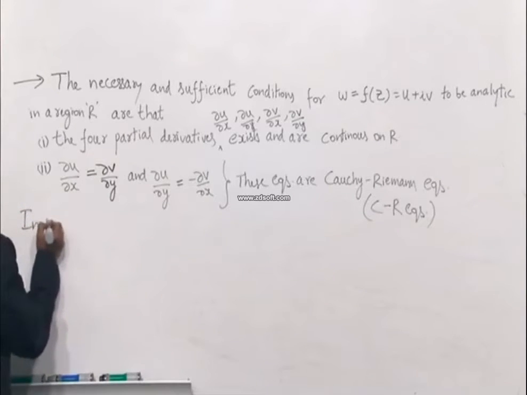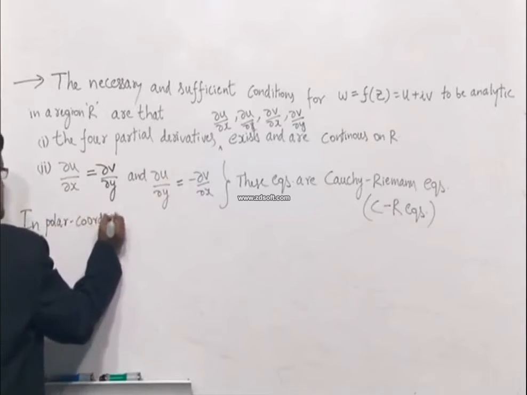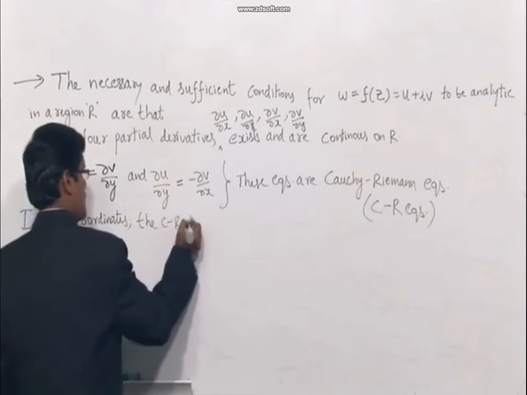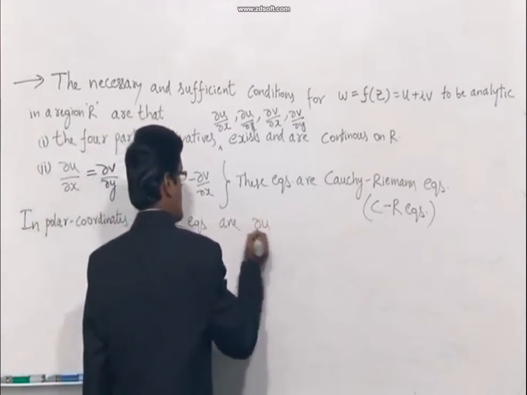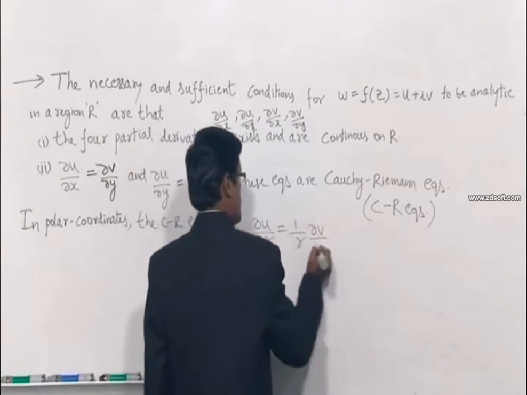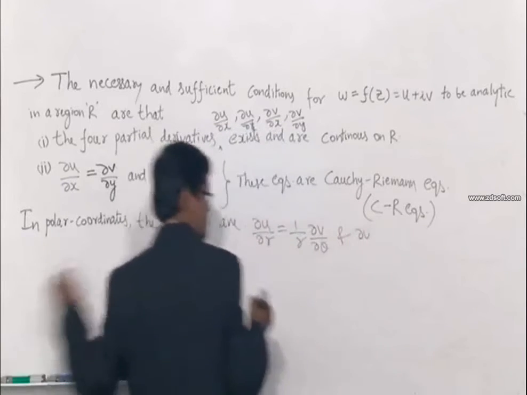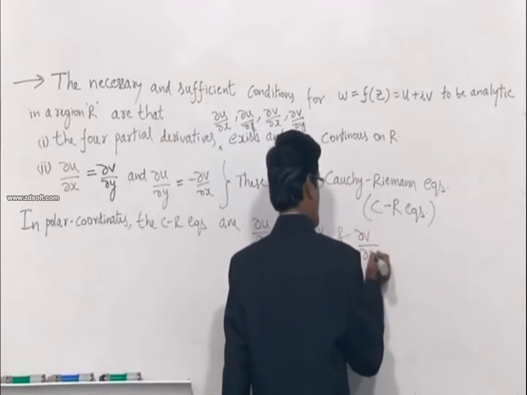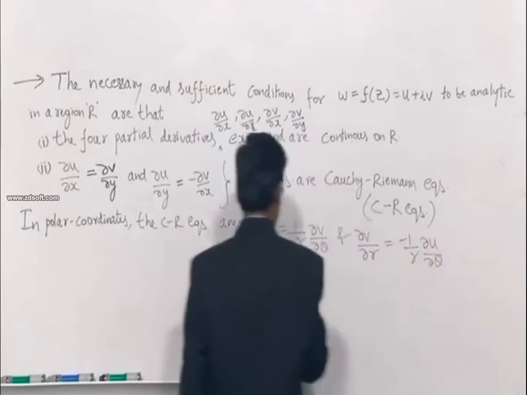See, in polar coordinates, the CR equations are dou u by dou r is equal to 1 over r, dou v by dou theta, and dou v by dou r is equal to minus 1 over r, dou u by dou theta.